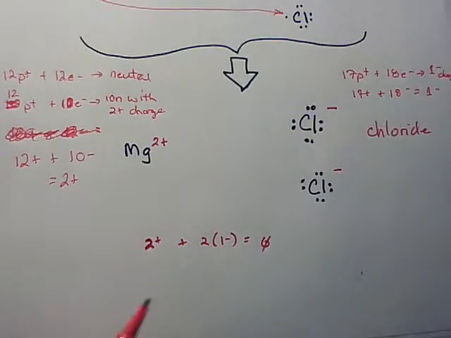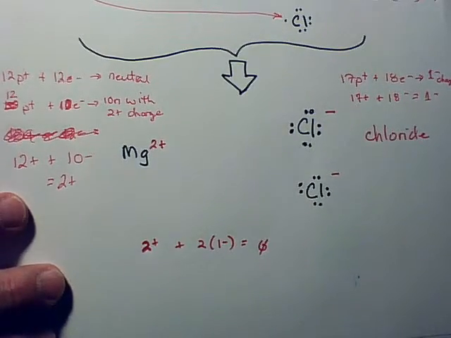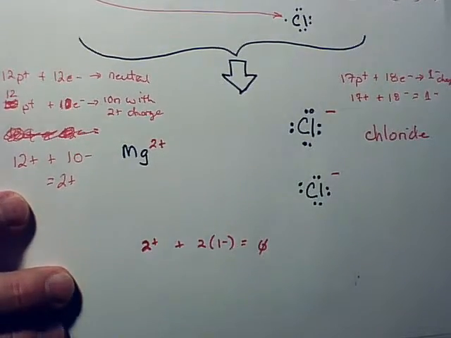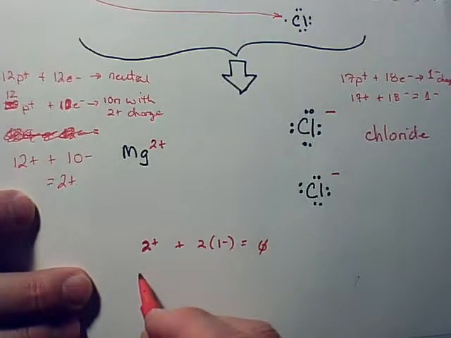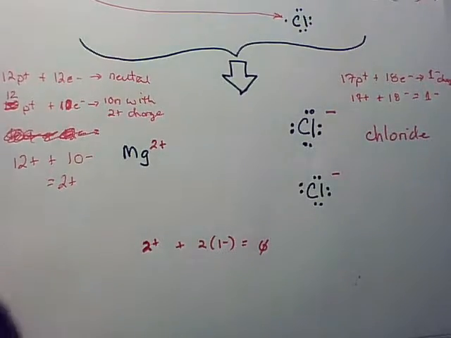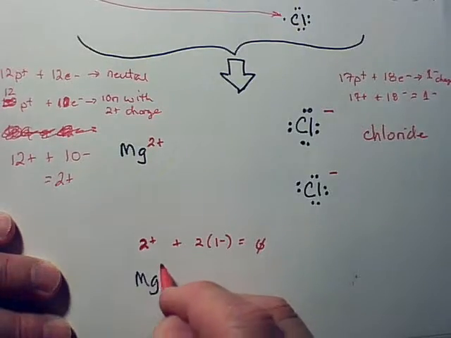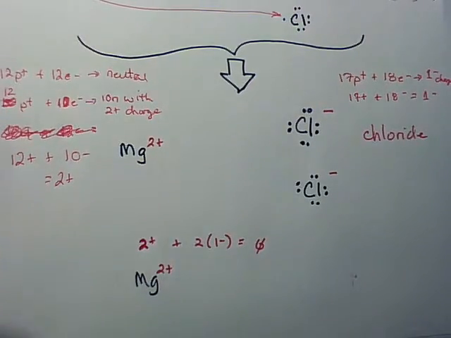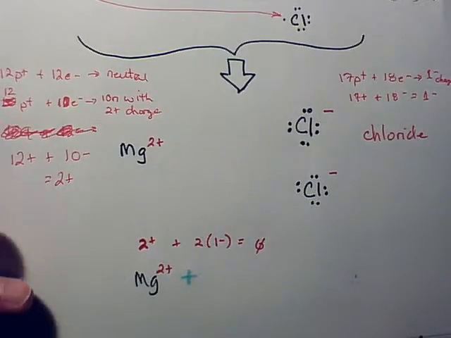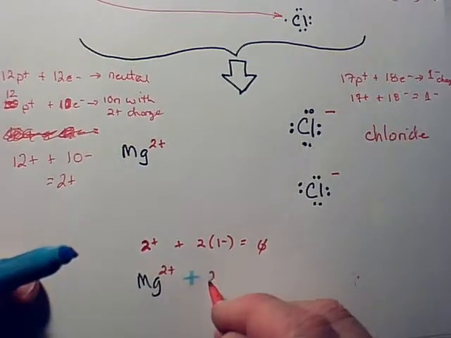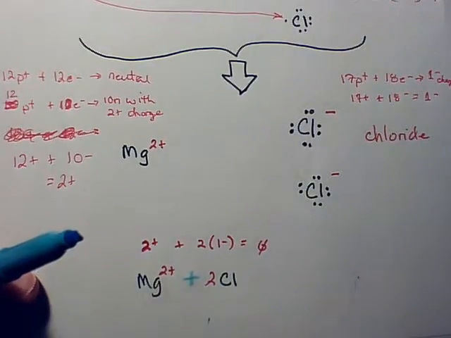So we're going to put all this together to make one common compound. Magnesium chloride. It's called magnesium chloride. So what we actually have is 1 magnesium 2+ added together with 2 chlorines that have a negative charge.